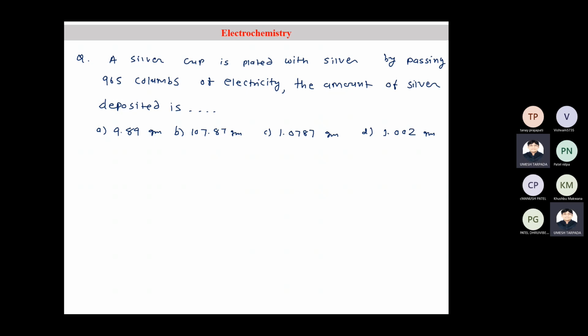Equivalent weight of silver is... now you can try and tell me the answer.